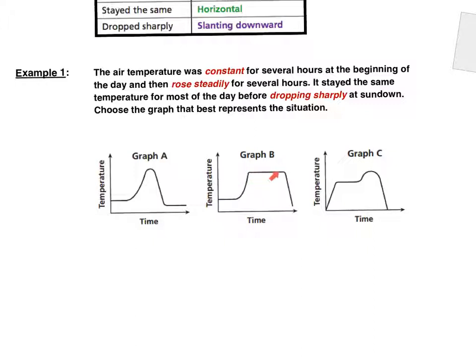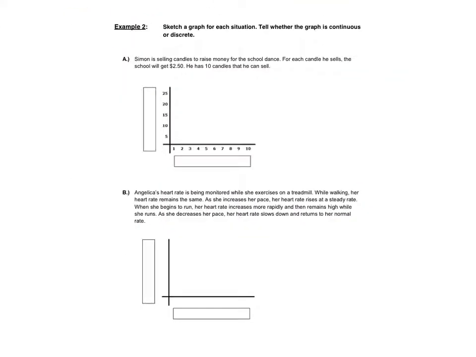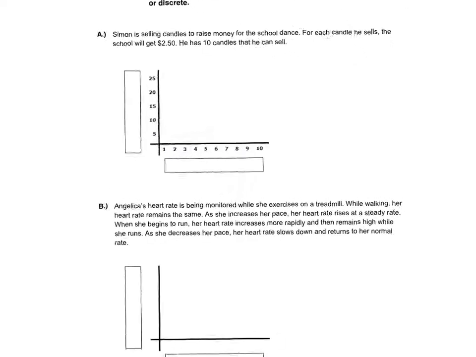This part here, stayed the same for most of the day before dropping sharply, would be the situation that they are referring to. So your job is going to be to, first of all, try to figure out what graphs are represented by situations and also sketching graphs.